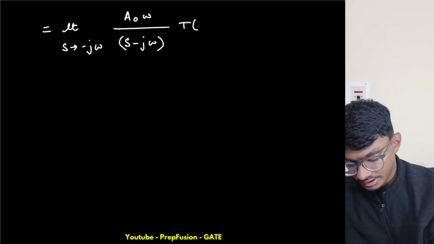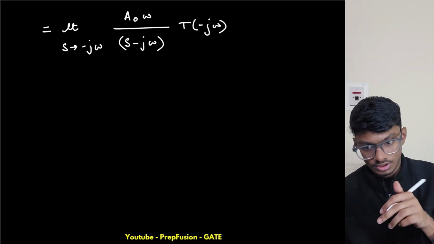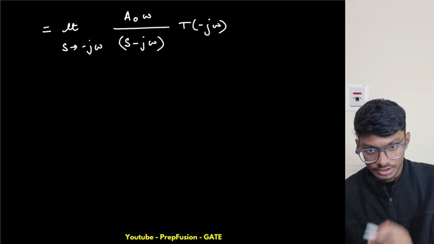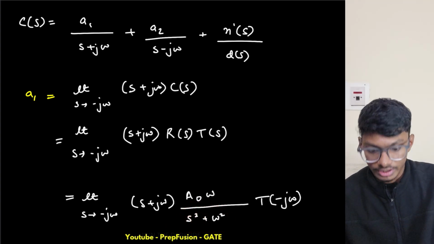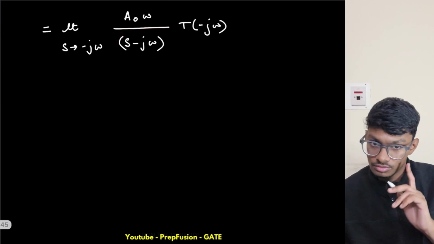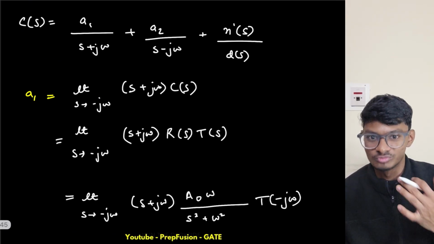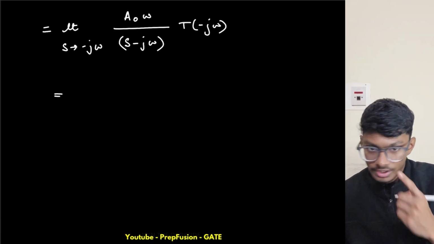And here I have t of minus j omega. So now I can put s equals to minus j omega. Here I couldn't have put it, because this would have given me a 0. As I got to cancel here, hence I can simply put s equals to minus j omega. That's why I was waiting for this moment, right? So now I can put s equals to minus j omega.